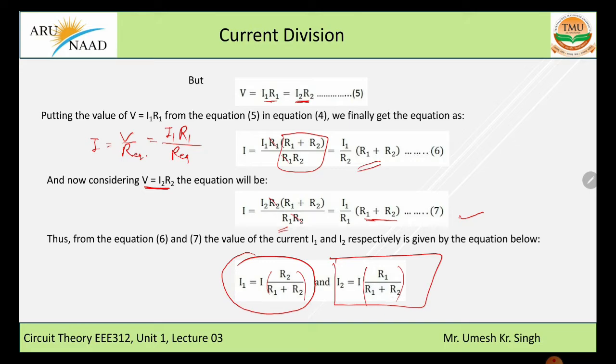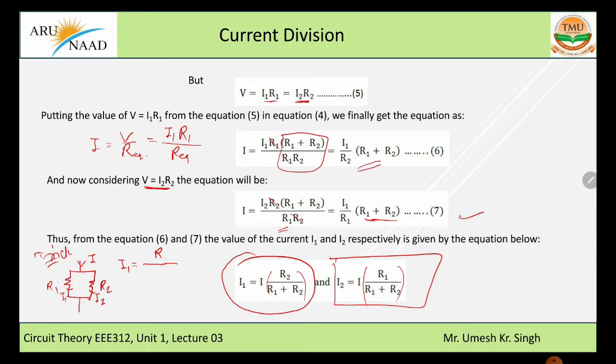I am giving you a trick to find current in such a network. If you have two parallel paths having R1 and R2, and you have current I and corresponding currents I1 and I2, then when calculating I1, the trick is to forget about R1.